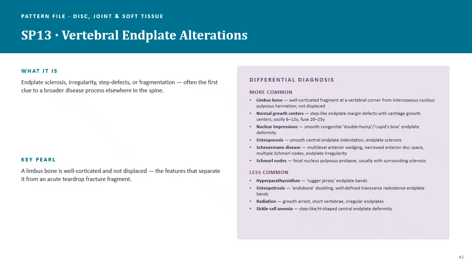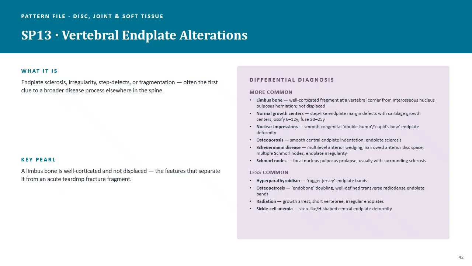So on an x-ray, it can look like a little bone fragment. A clue is that that piece of bone is usually very smooth, meaning it has a nice, finished border. So it tells us that it's an older developmental finding rather than something that's brand new or a fracture.